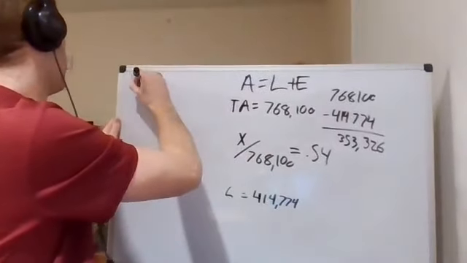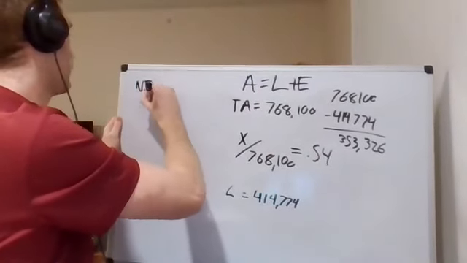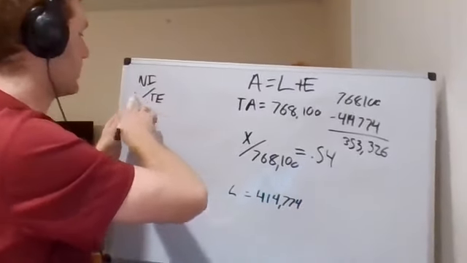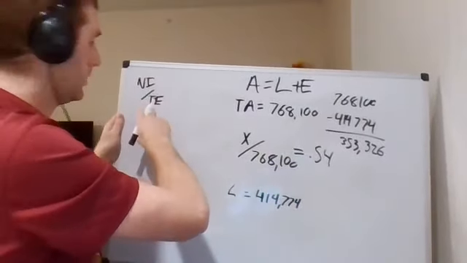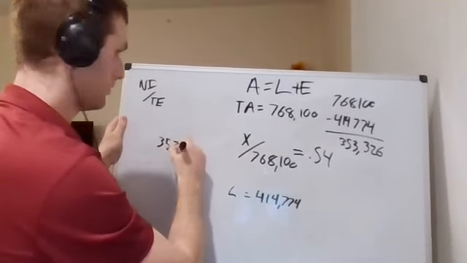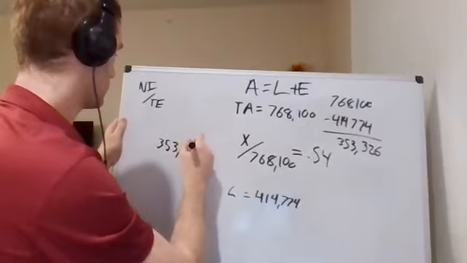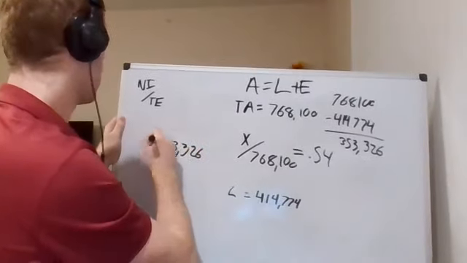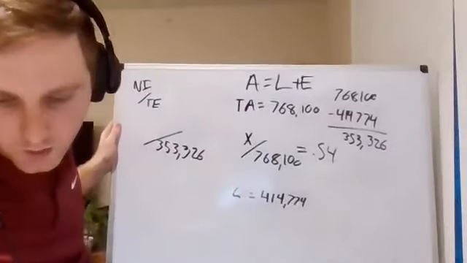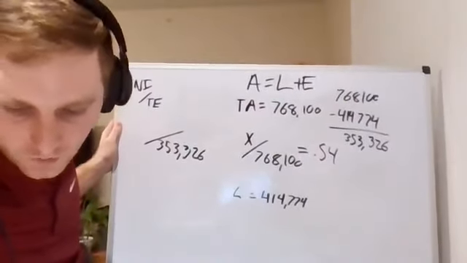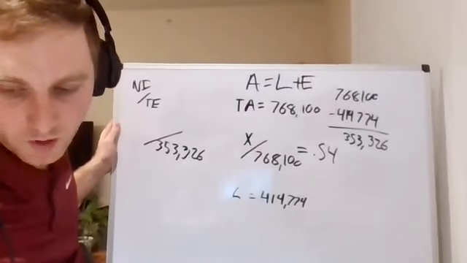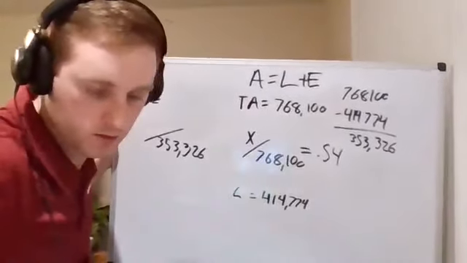So it's net income divided by total equity. Again, it's really just finding pieces of a puzzle. Here we know our total equity is 353,326. Now we've got to find our net income. Well, I know we have $807,200 in sales and a profit margin of 6.68%.